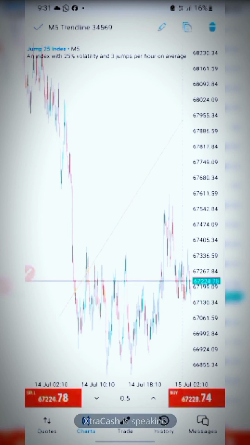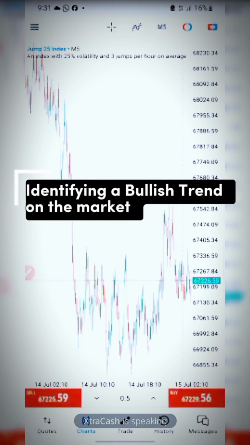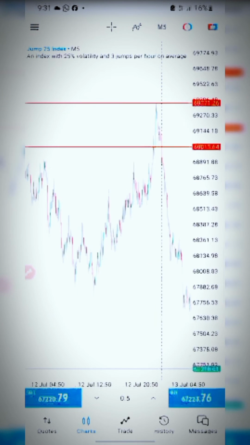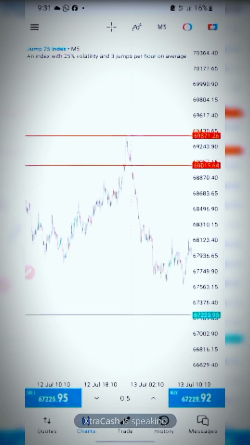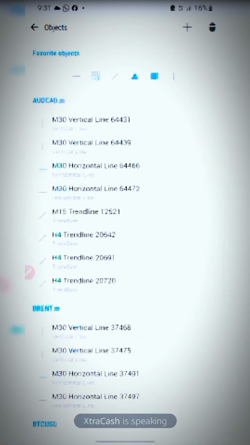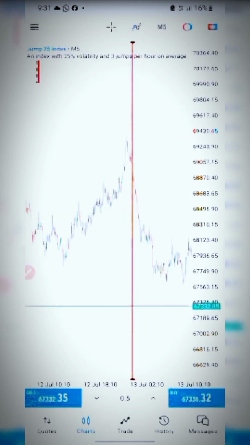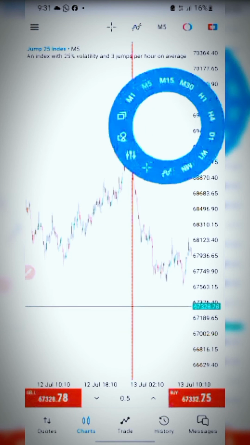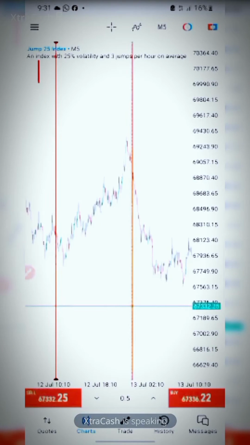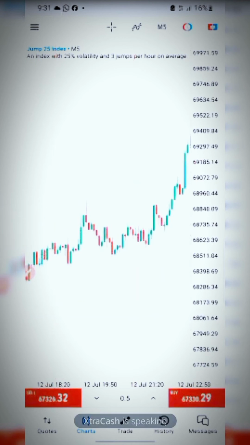So let's try to identify a bullish trend on the market. Let's use from here to here. Let me zoom out a little.